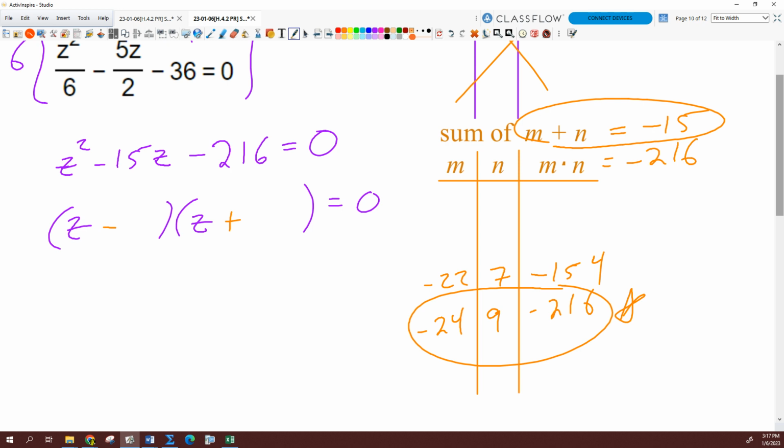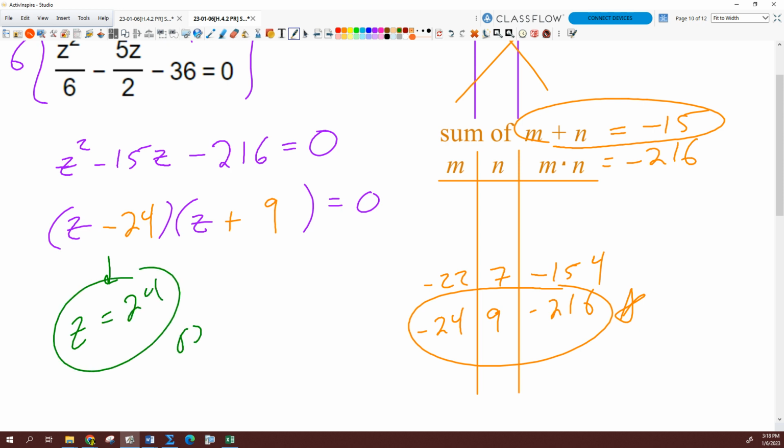So if our magic numbers are negative 24 and positive 9, what are the solutions going to be? 24 and negative 9. z equals 24, or z equals negative 9. There it is.